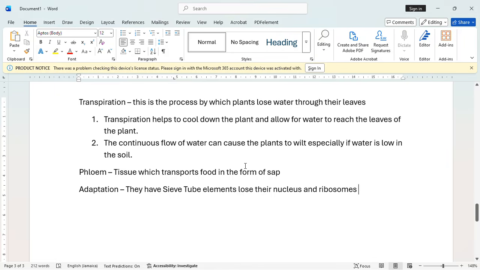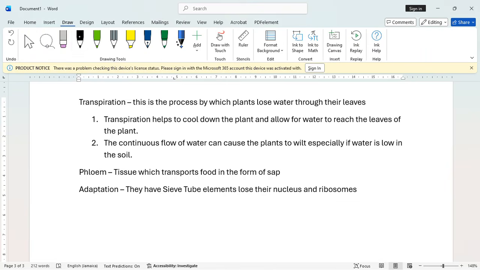So when we look at the sieve tube, it wouldn't have any, and we have the other thing on the side, right? And so this is basically continuous.